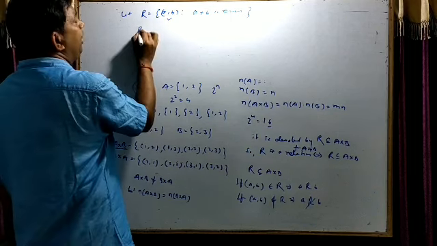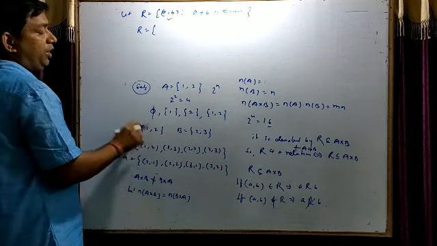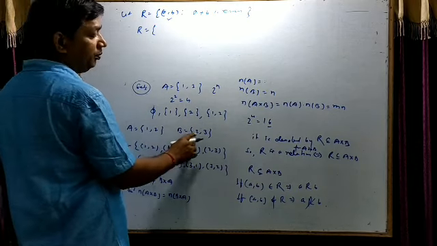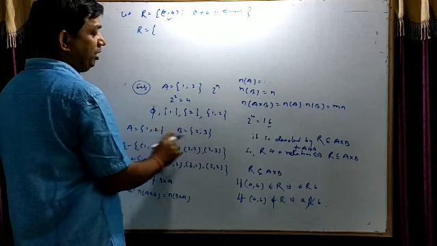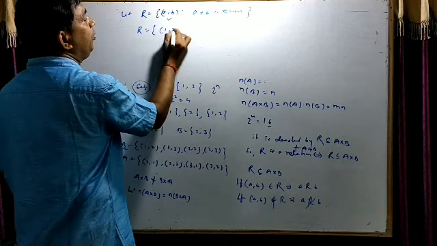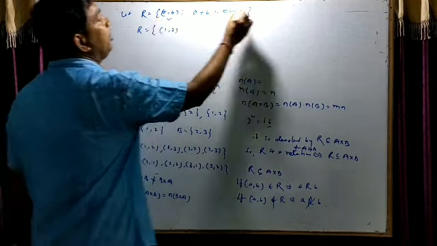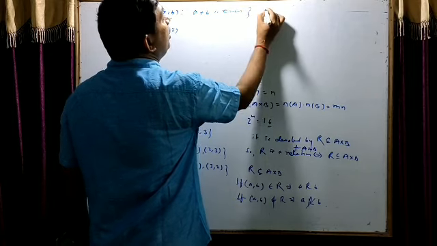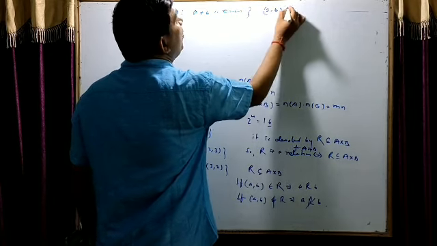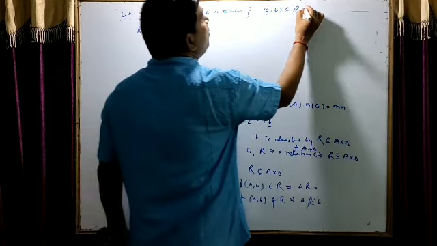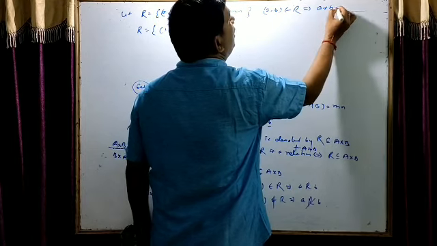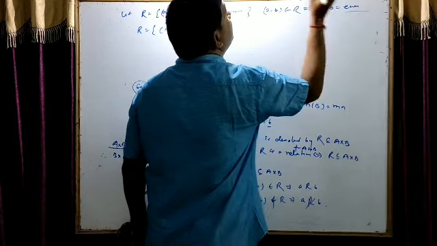So R can be what? If you take 1 with 1, is 2 there? No. 1, 3. Why? Because 1 plus 3. Here the meaning of this R is: (a, b) is a member of R implies a plus b gives even.